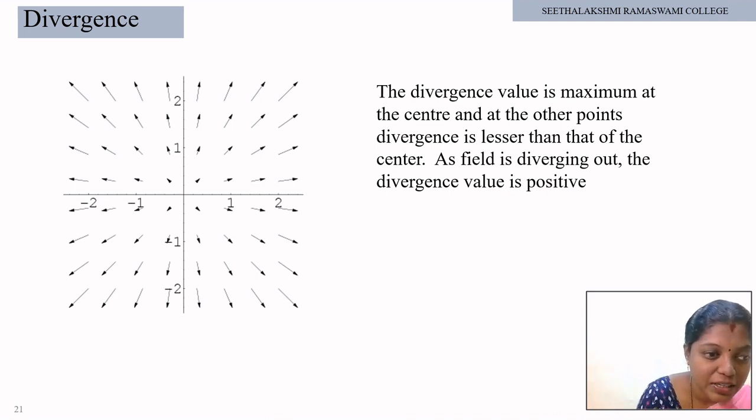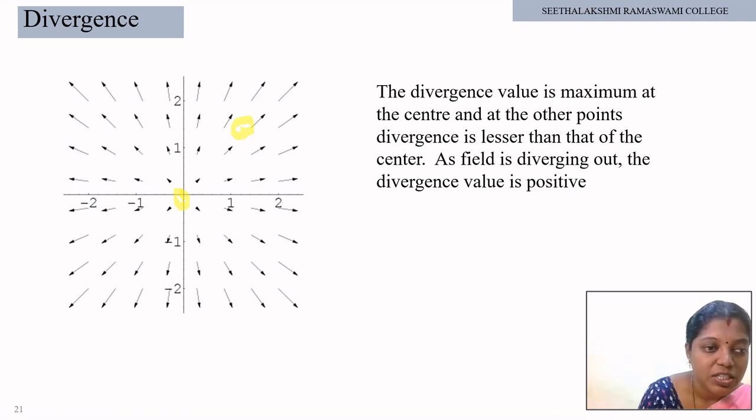For example, if you consider the center point, you can find the field around the center point. Every vector around the center point is moving outwards, diverging from the center. So obviously at the center the divergence would be high compared to other points. If I consider a point here, there are vectors moving towards it and there are vectors moving outwards, diverging from this point.